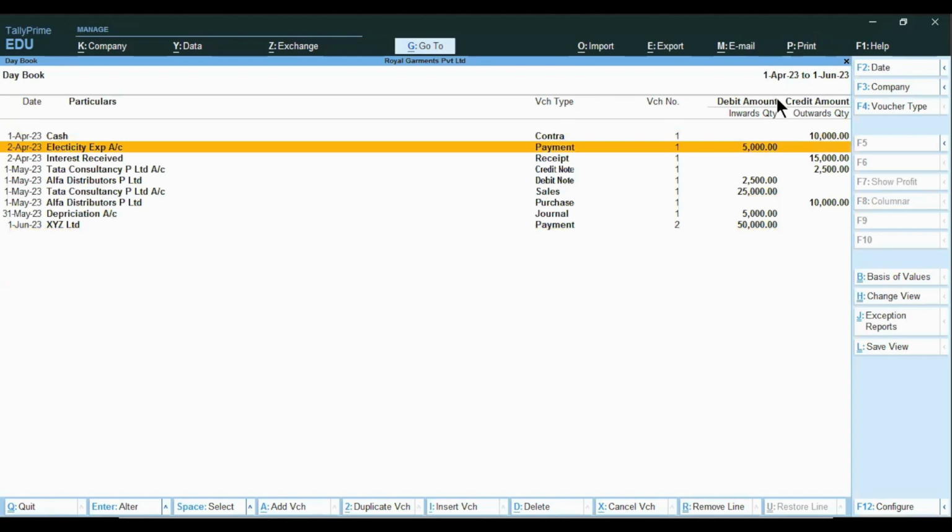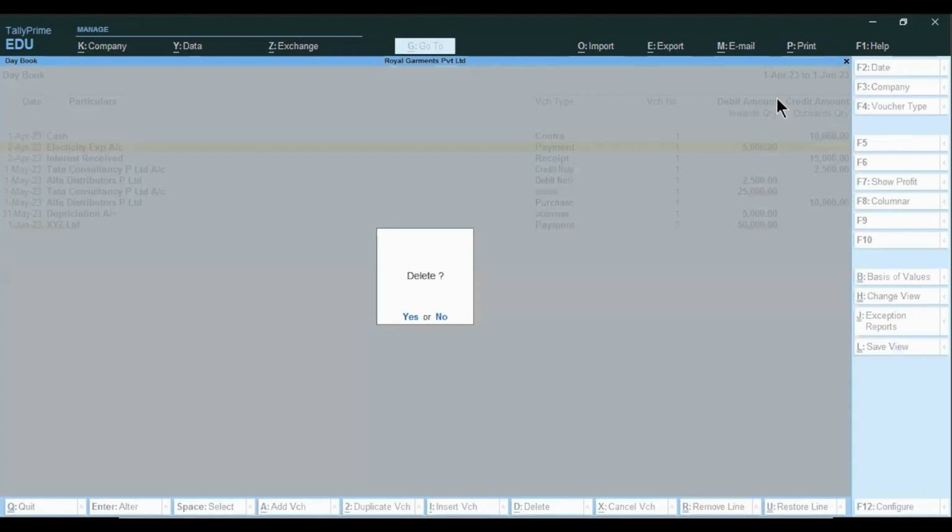And suppose I want to delete this transaction. What I will do, I will select the transaction and press Alt D from my keyboard, and it will ask for confirmation. If you press yes, it will get deleted. If you press no, it will not get deleted. So be cautious to use the Alt D key.